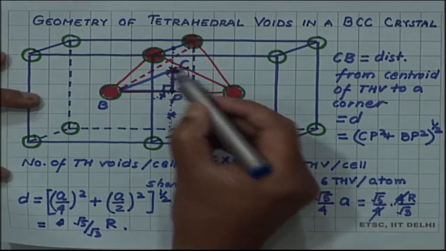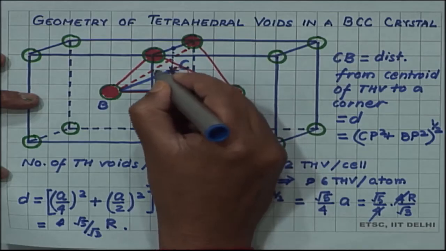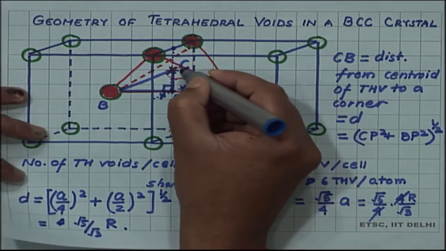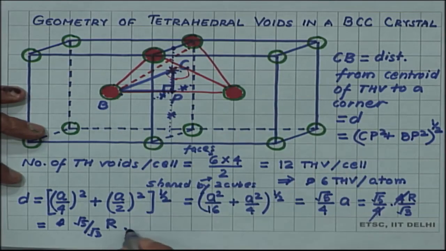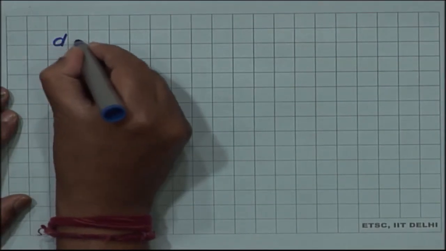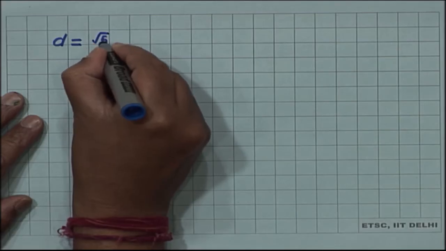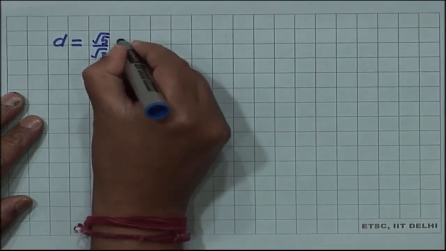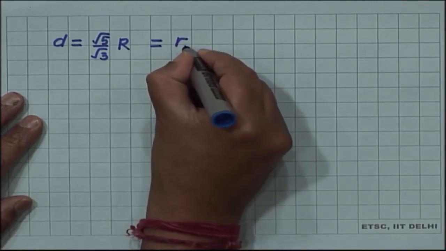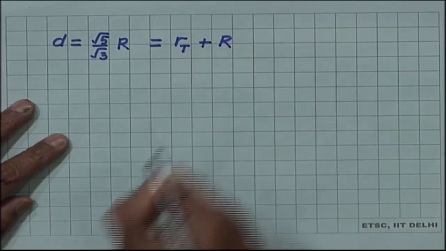Now, you can see that this same distance will be the sum of the radius of the atom sitting at the centroid, the interstitial atom, which let us call R t, and the radius of the atom which is forming the void, which we have already called R. So, D, which we have calculated as root 5 by root 3 R, is also equal to the radius of the largest atom sitting in the tetrahedral void plus the radius of the atom forming the void.